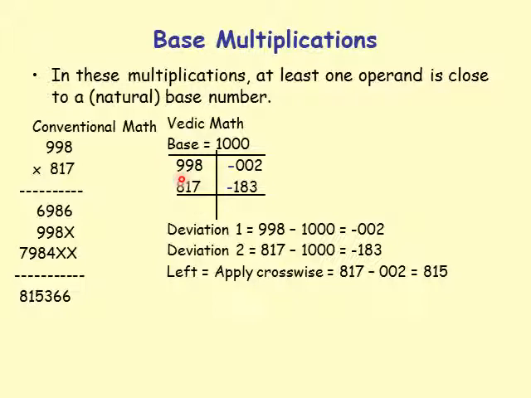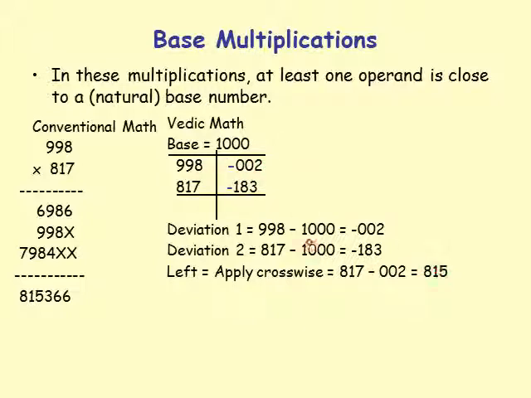The mathematically correct term would be to add deviation 1 to the second number, that is, 817 plus minus 002. Some people get confused and ask, are we subtracting? I just say apply crosswise here: we take 817, then the negative minus, and then 002. So we apply the minus subtraction operator between the two numbers 817 and 002.